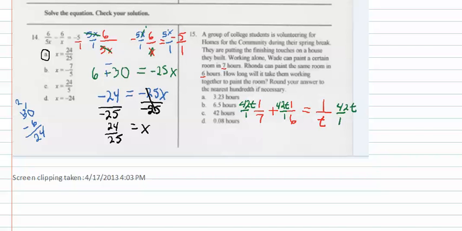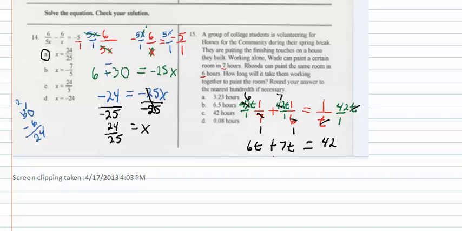Now 7 will go into 7 once, 7 will go into 42 6 times. So I have 6t. 6 will go into 6 once, 6 will go into 42 7 times, so we have 7t. And then the t's cancel for 42.